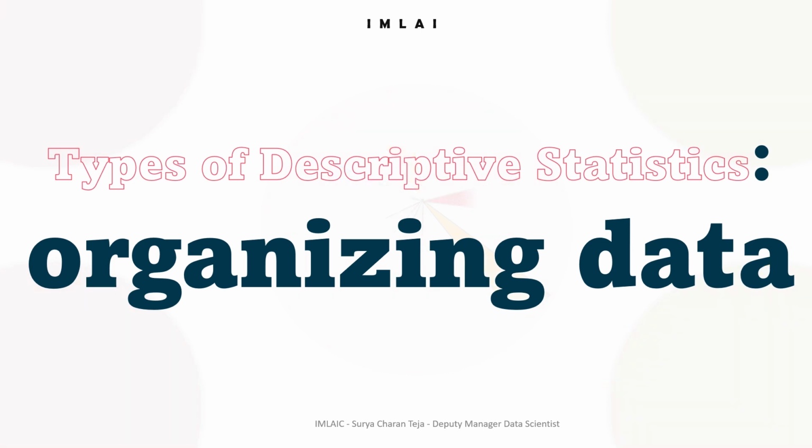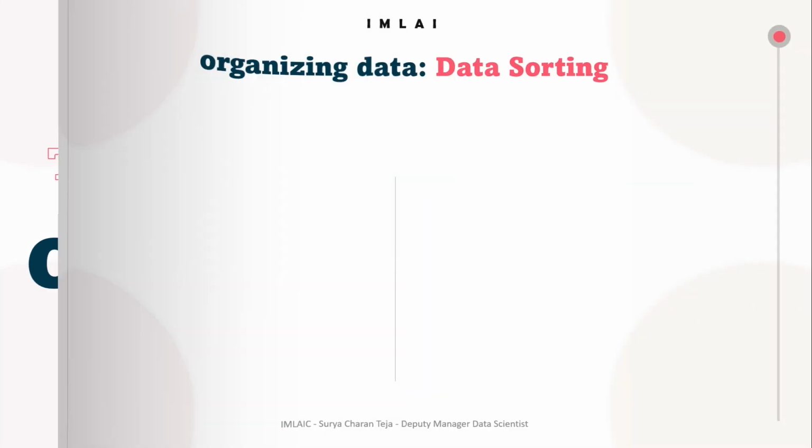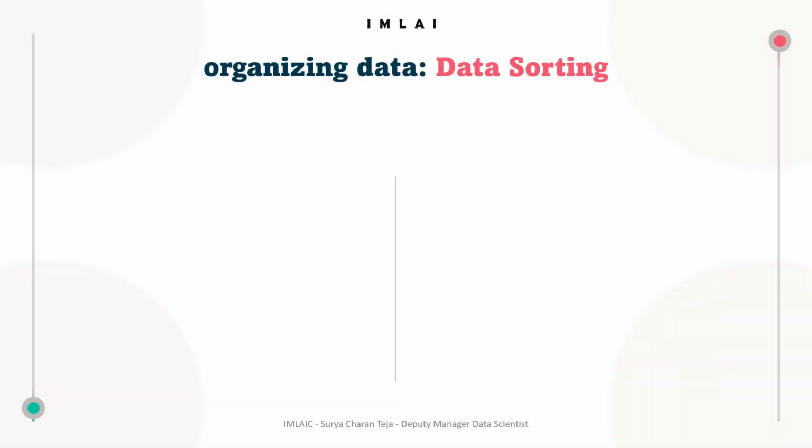So here we will see organizing data, and we will explain each and every tool of organizing data, and we will take practical examples, and we will use the pandas library to work on these concepts or tools to organize your data. So the first one in organizing data is data sorting.